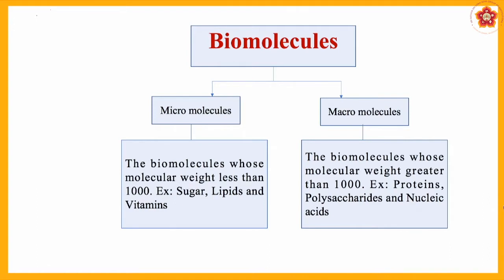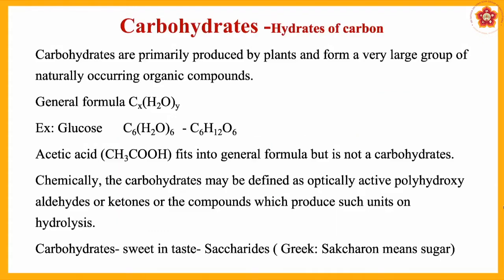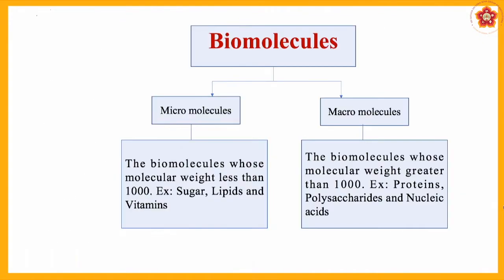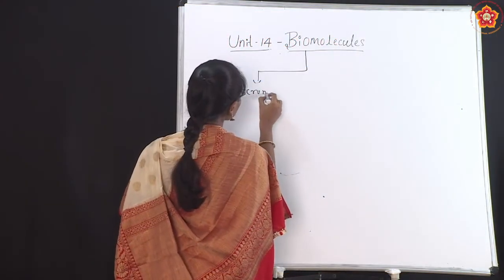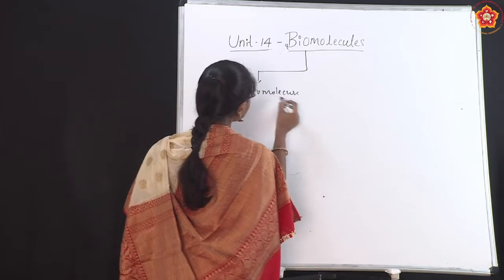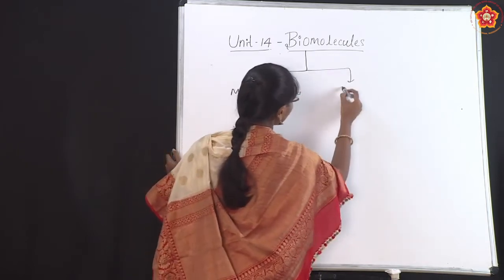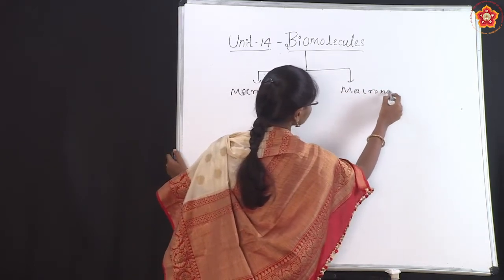Here again, we divide biomolecules into two types: micromolecules and macromolecules. Micro means very small molecule, macro means bigger molecule.